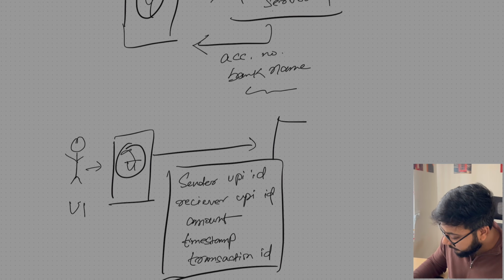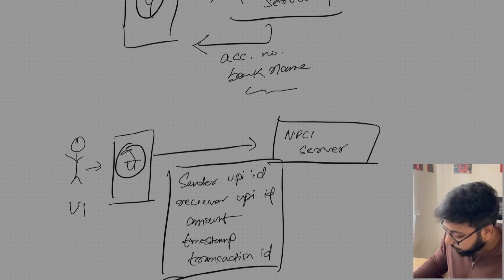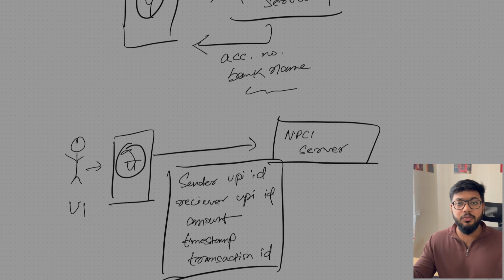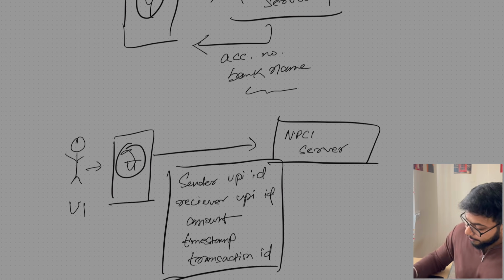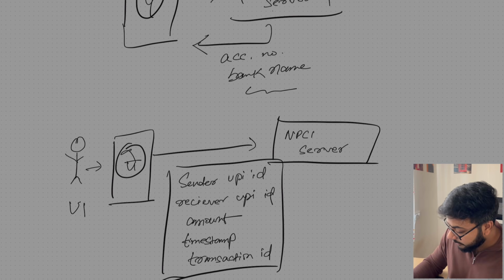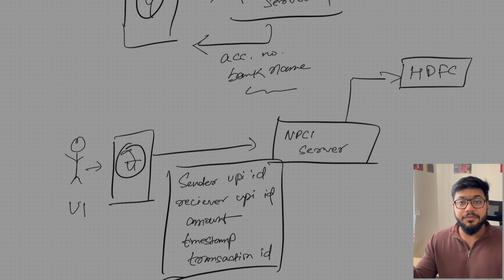Now this request will go to the NPCI server, and the NPCI server will obviously know, based on the sender's UPI ID, which bank it is associated with. So it will make a request to the sender's bank account. Let's say the sender's bank is HDFC. Now HDFC, the bank, needs to validate this request.